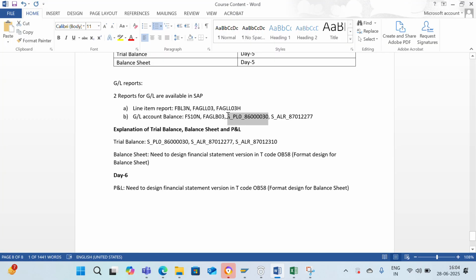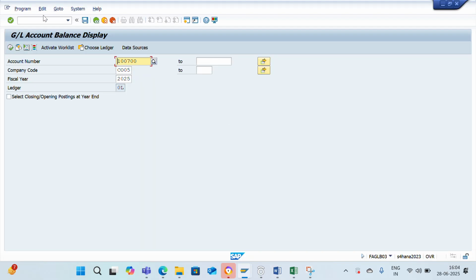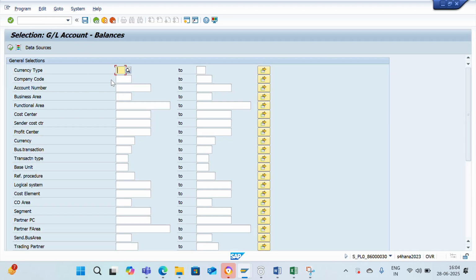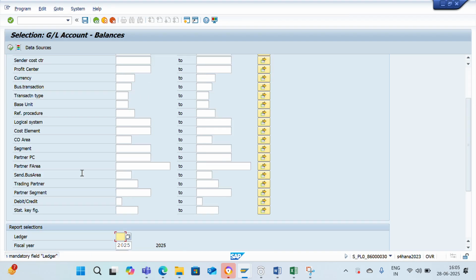Another transaction is this. I am putting my company code in the filter criteria, putting the currency type. Don't get confused with the currency type. I will explain what the currency types are in the further coming sessions. Let me put this GL account in specific, or let me put the other GL also, and see how this report is displayed.